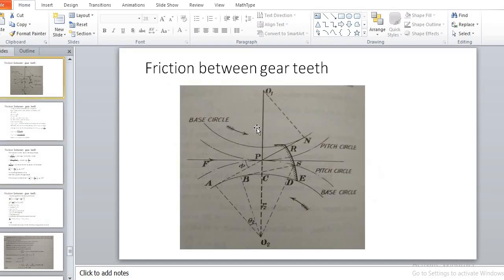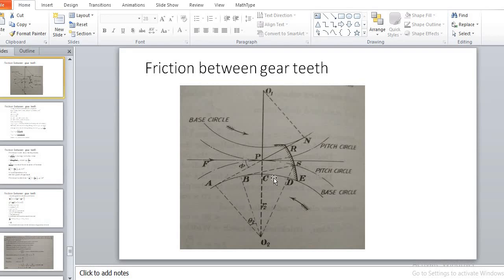Here these two gears are given with centers O1 and O2, with some radii R1 and R2. The pressure angle between these two gears is phi.